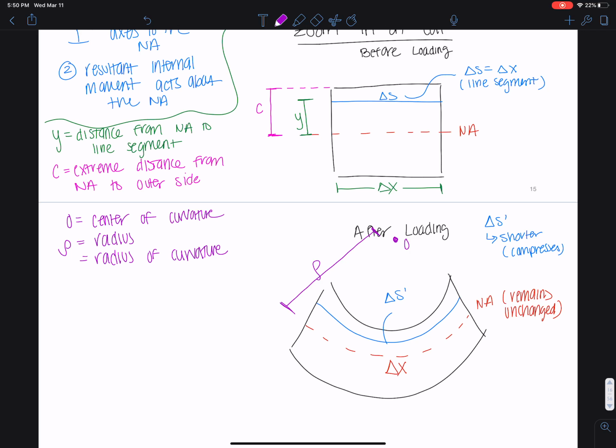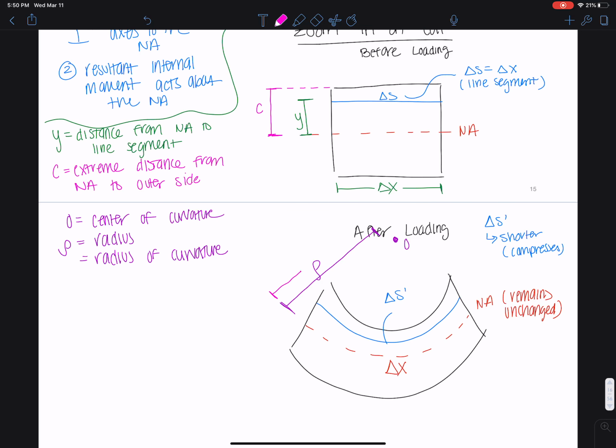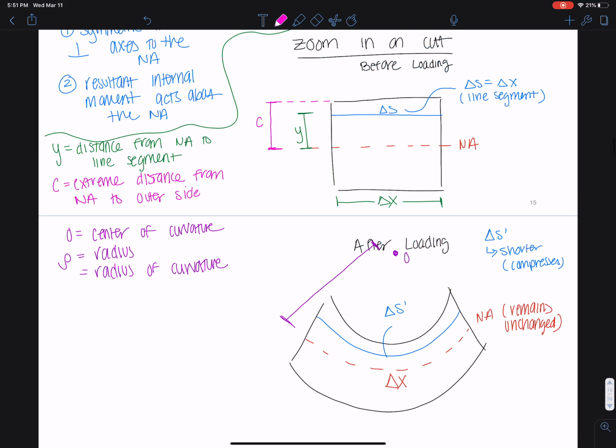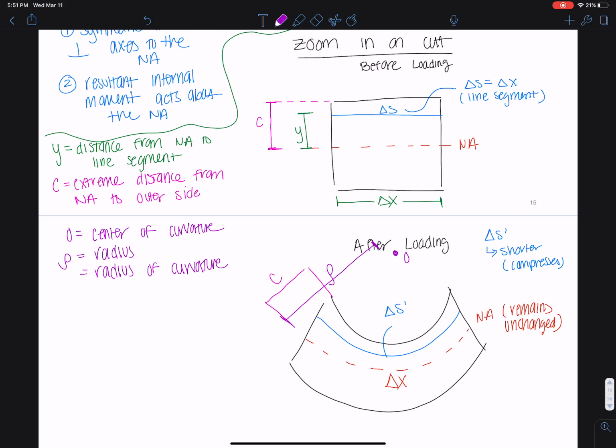Now we're going to put in our previous values. C is to the top of this element, from here to here. And then this is rho, the purple line.